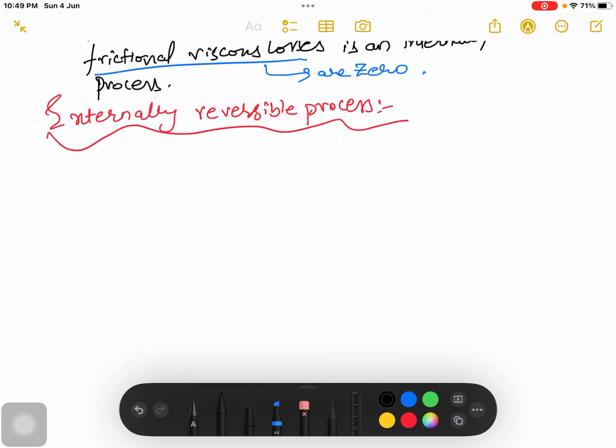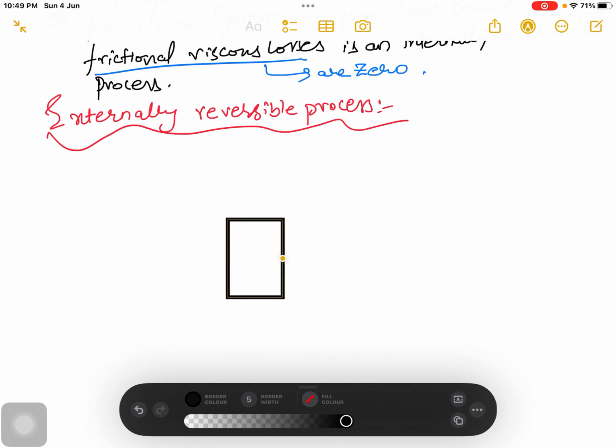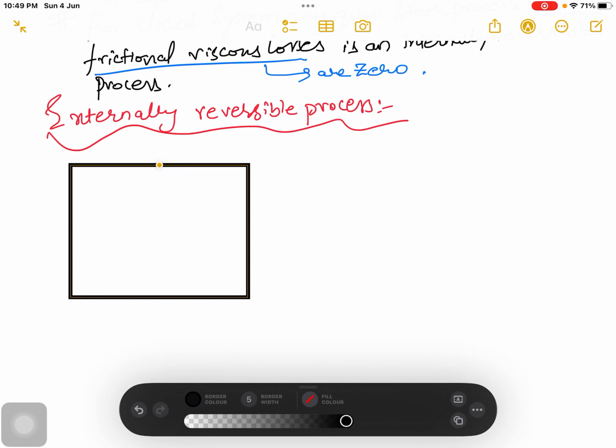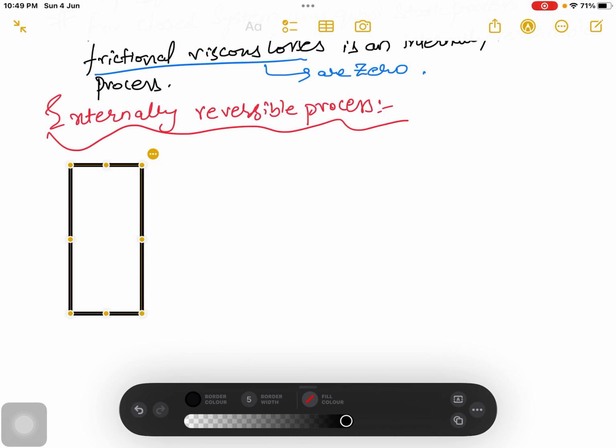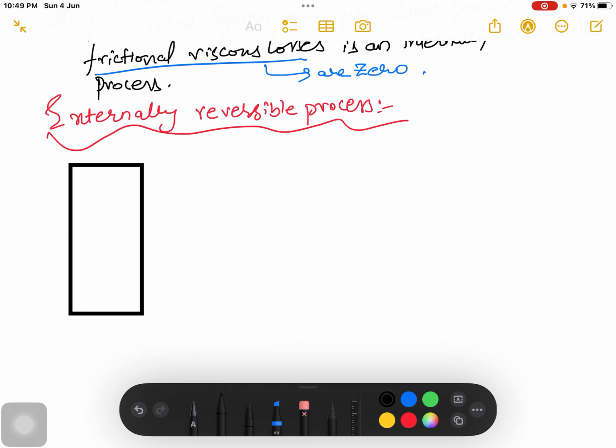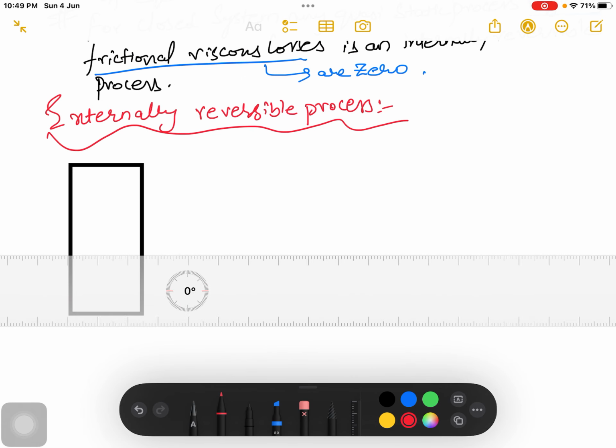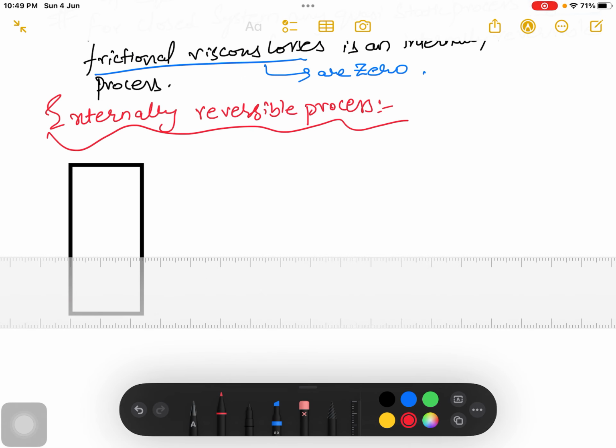Suppose now I am taking a container which is filled with liquid and vapor.